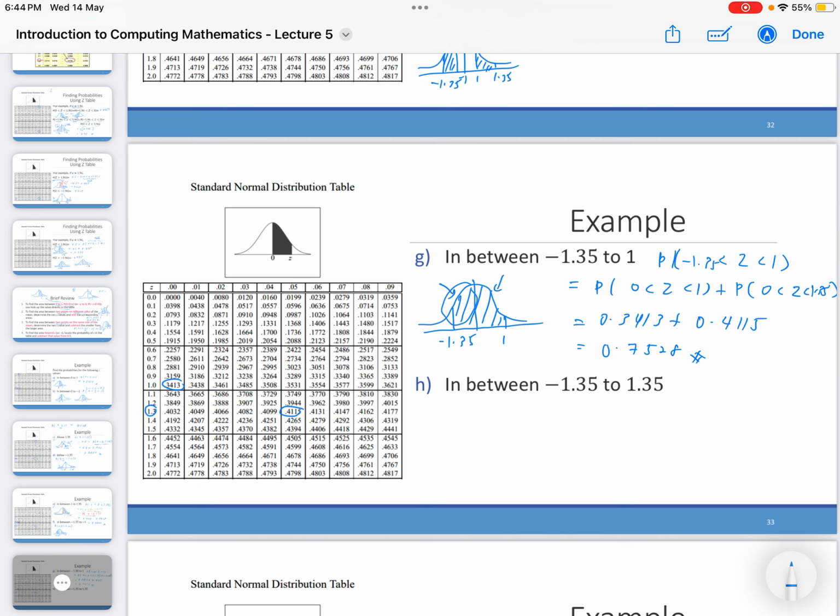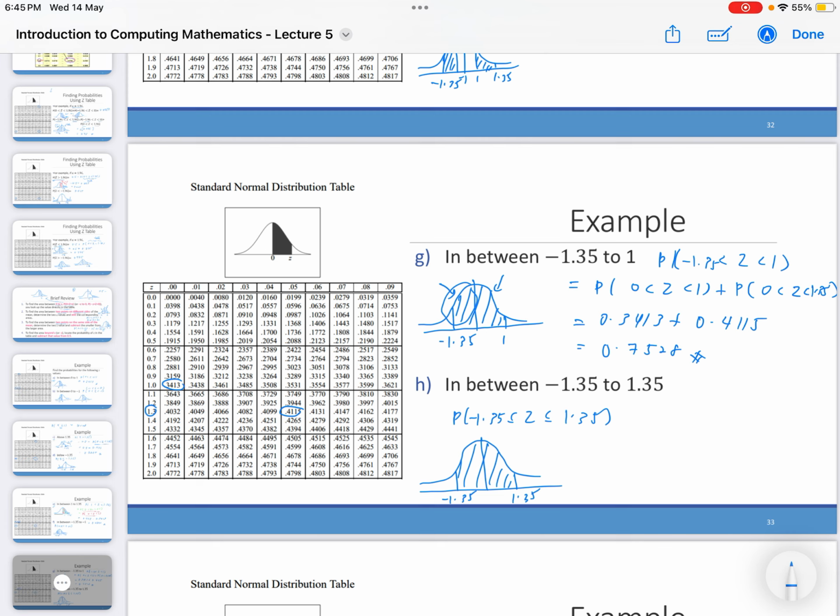Okay, so the last one here, we want to find the probability of Z between negative 1.35 and 1.35. Again, this one is also not on the same side. So we draw the bell-shaped curve. We have negative 1.35 and also 1.35. So we want the probability in between.